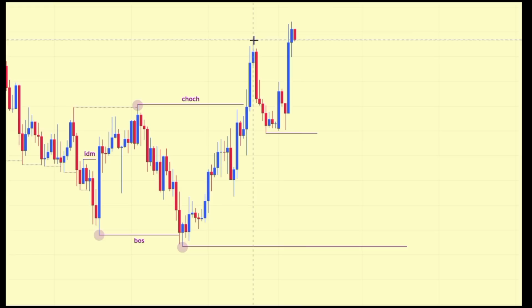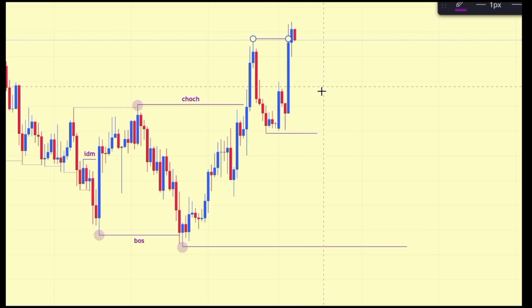It can be a minor inducement or a major inducement. It actually doesn't matter. So I cannot say this one here is a valid break of structure because the inducement is not yet taken. So right now this one here is our inducement, and this inducement is now a major inducement. The reason why that's a major, I explained on my previous part.